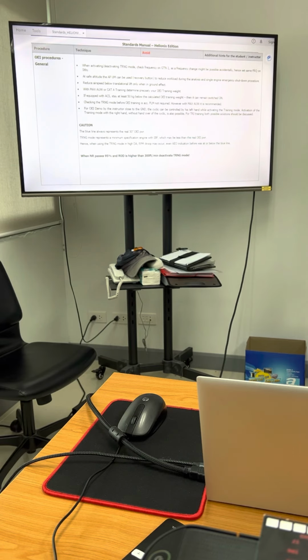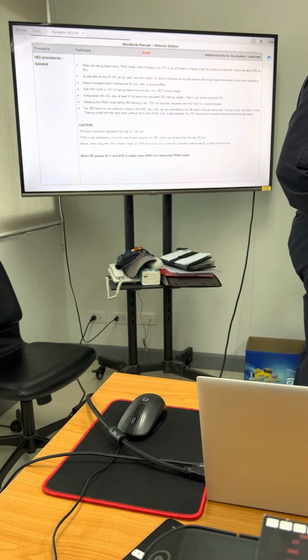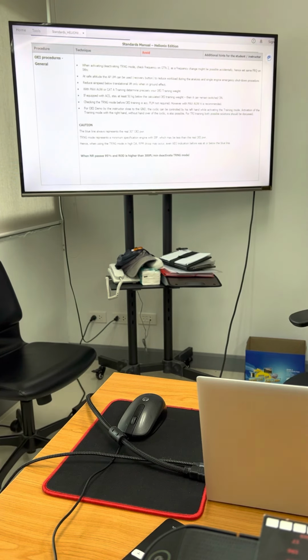So here you have the cockpit, which is like this. And what happened several times to my colleagues, and once to me as well: when you push here, since it's quite close, they touched here as well, and the frequency scrolled. So they said, be careful when you push training mode not to sweep the frequency here on the GTN2.